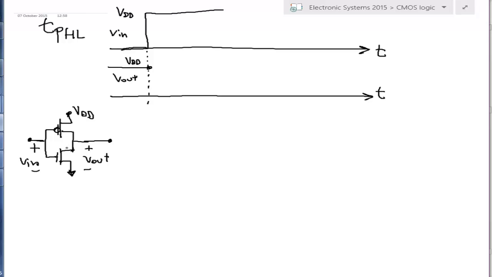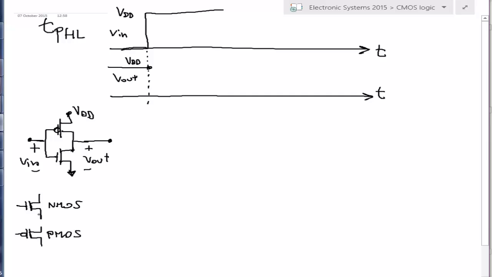By the way, I should stress these symbols that I'm using. I use this symbol without arrows for the NMOS and this symbol for the PMOS, because they are easier to draw.